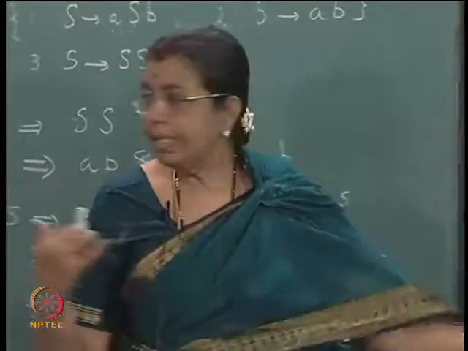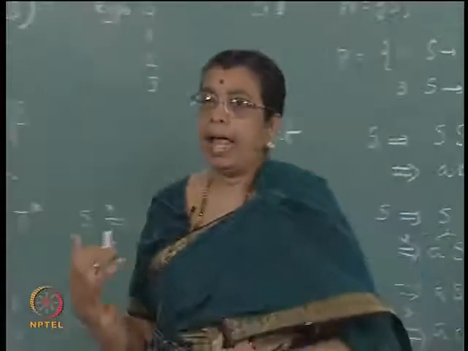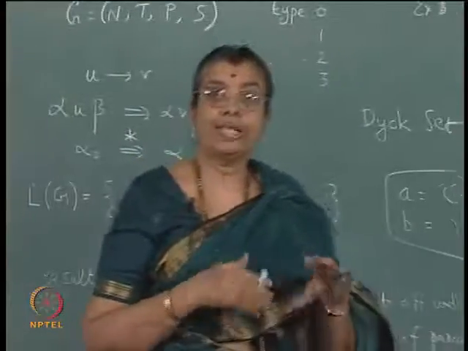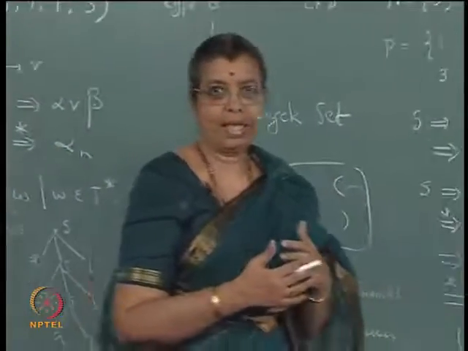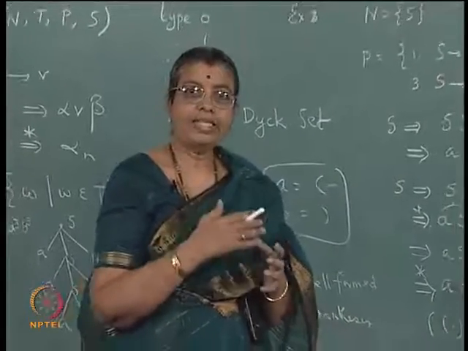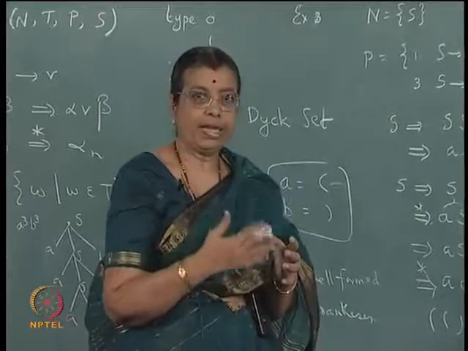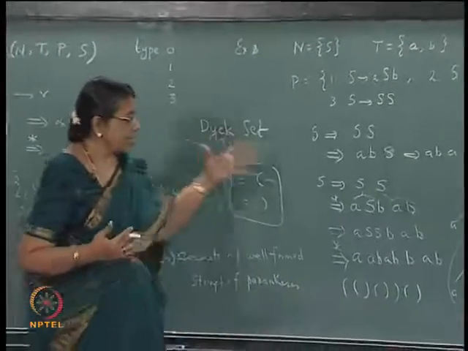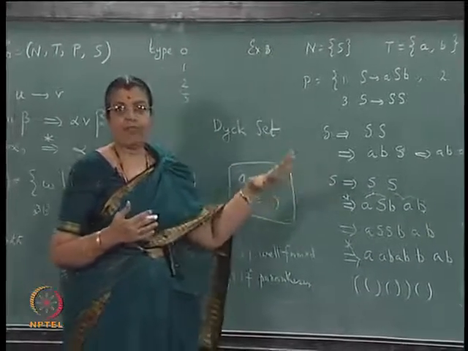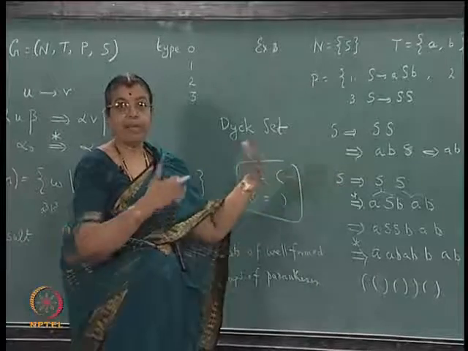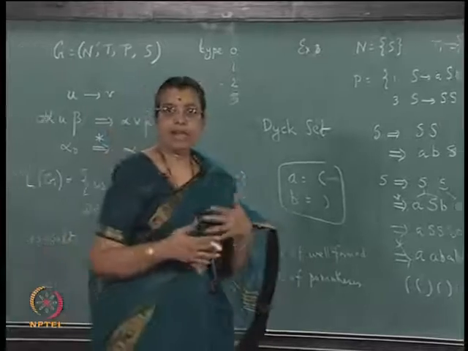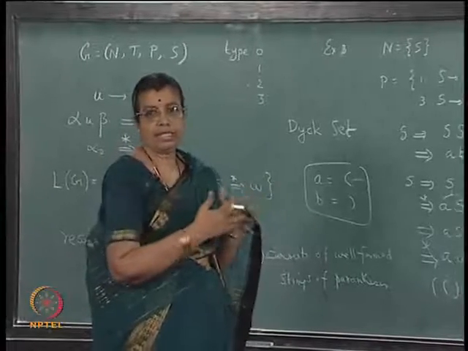Whereas, in this grammar, as the length of the string increases and also as the nesting increases, the number of S's in any sentential form will keep on increasing. For example, there may be a string which you cannot derive with 4 non-terminals. You may require 5. The level of nesting is 5. You may require 5 S's at one stage.